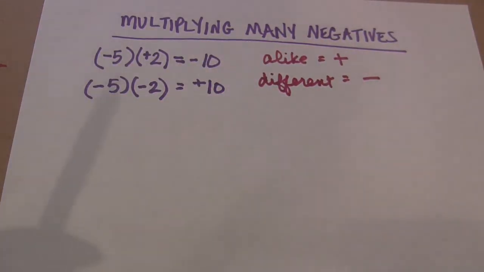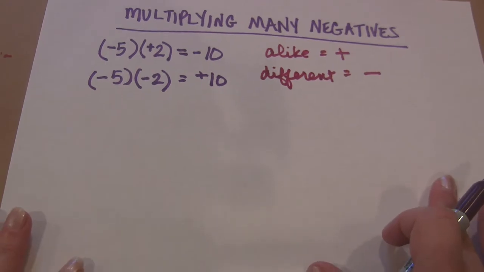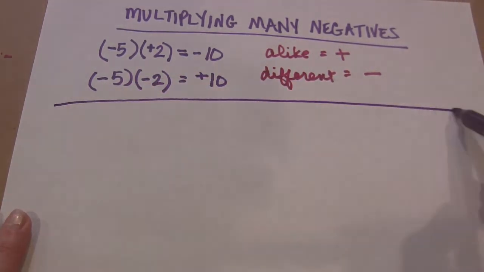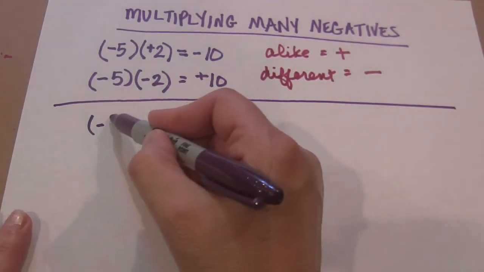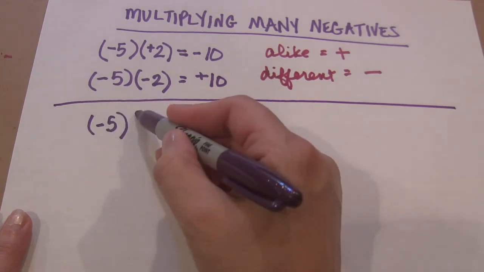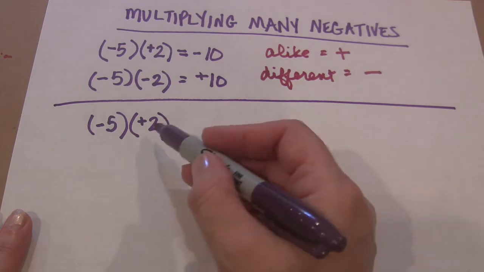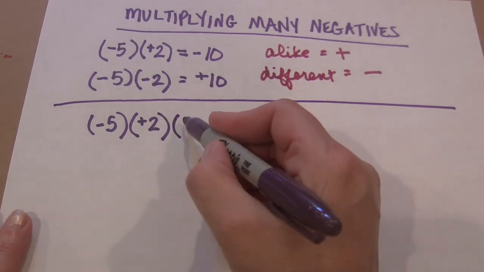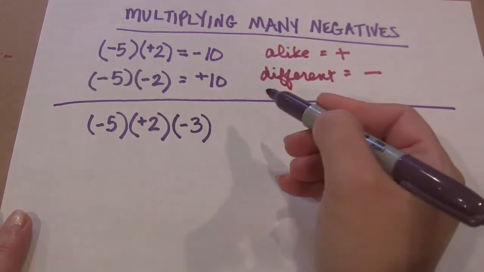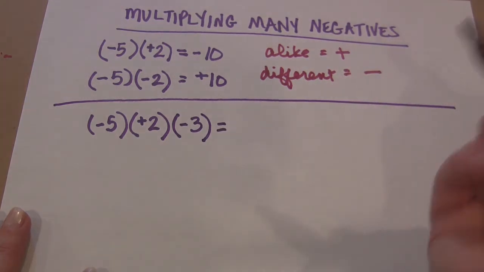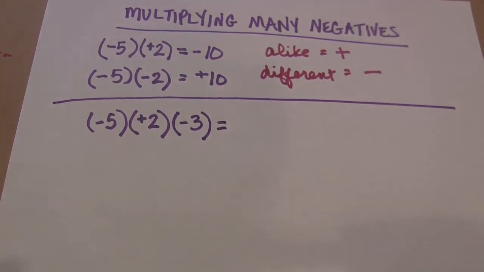One thing that you might be asking yourself, though, in fact, it might be keeping you up at night. You're worried about what happens if we have more than two numbers that are being multiplied together. For instance, what if we have a negative 5 times a positive 2 times a negative 3? Then what happens? Well, the best way to do algebra is step by step.